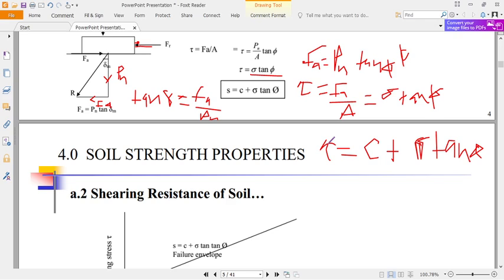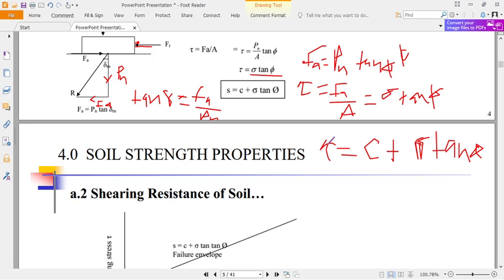If you take this to be our y is equal to the intercept C plus mx, where m is the gradient, is that okay? This can be said to be a straight line, where c is the y-intercept and x is the normal stress.